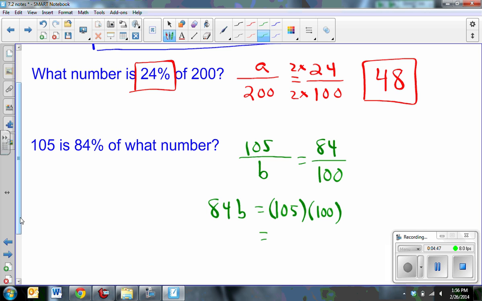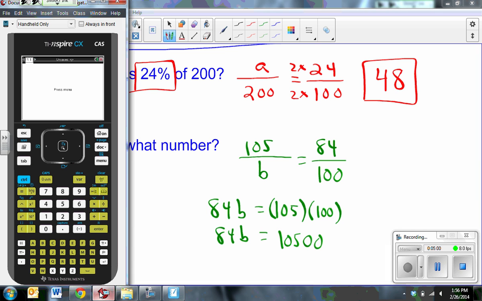And to multiply by 100, we're going to move the decimal place, which is now after the 5, 2 places. So we've got 84B here, okay? Now I'm just going to get out my calculator, and I'm going to divide both sides by 84. Oops, some calculator's not turning on. I have to turn the smart ink off.